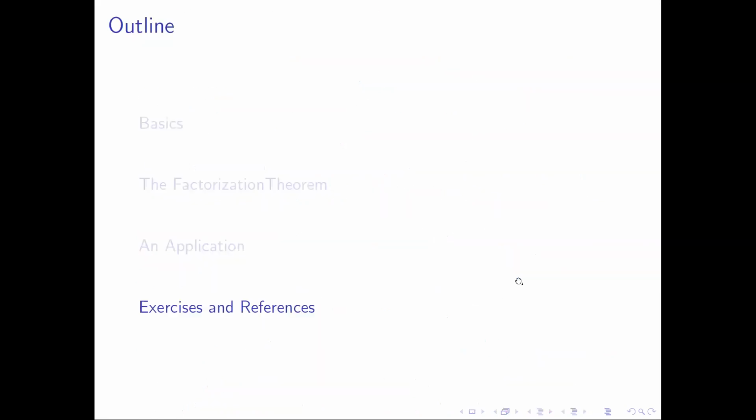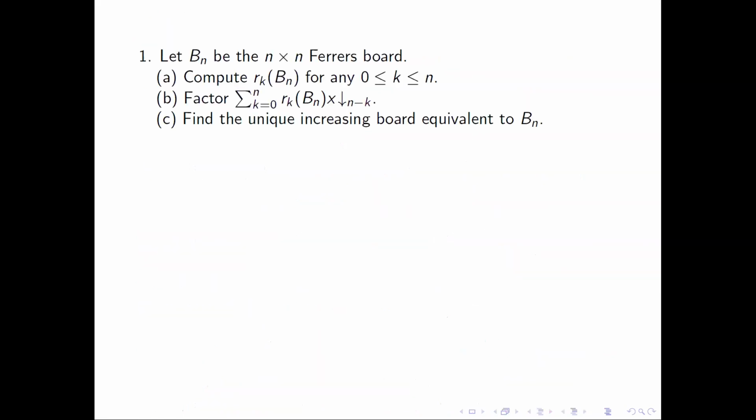But here's a couple of exercises. One is, remember Bn? Bn is just the n by n box. It's the Ferrers board. So one potential problem would be for me to ask you what the Rook numbers are for any k. We actually already talked about that in class, but it's free points. Factor this.